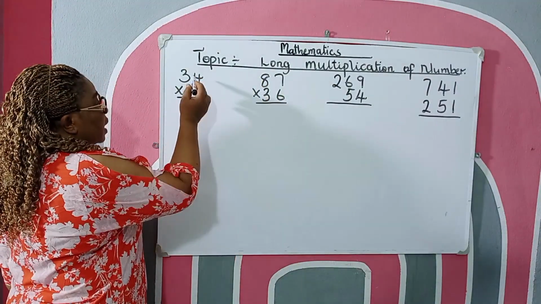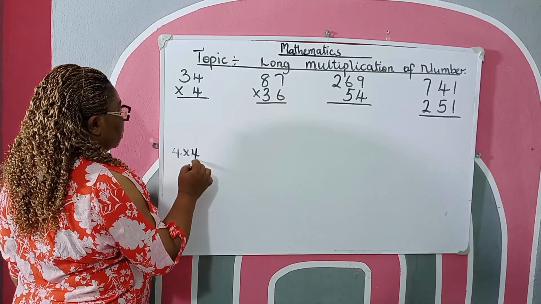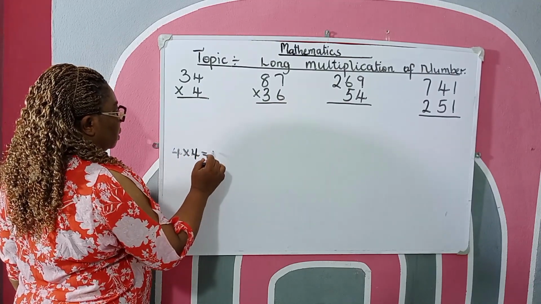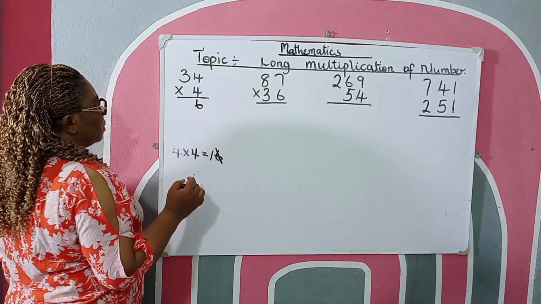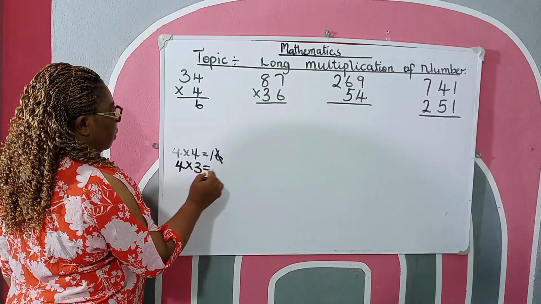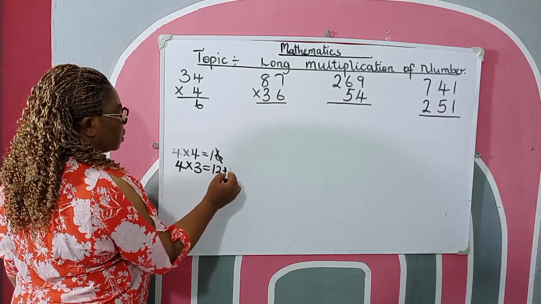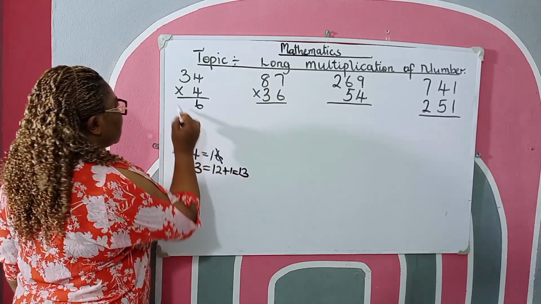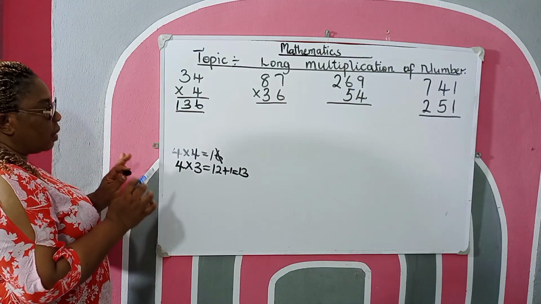I say 4 times 4. 4 times 4 will give me what? 16. I write 6 and I say 4 times 3 will give me 12. This 12 plus this one will give me 13. That's why I come here and write 13. This is how I do it.